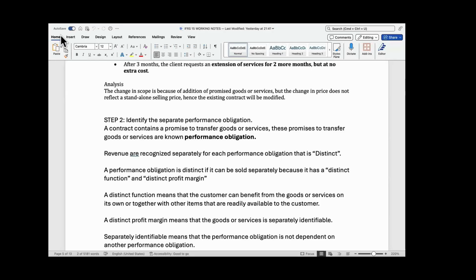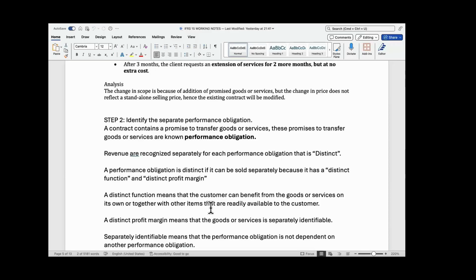Having distinct function means that the customer can benefit from the goods or services on its own or together with other items that are readily available to the customer. And distinct profit margin means that the goods or services is separately identifiable. When we say separately identifiable, it means that the goods is not dependent on another goods for you to sell.